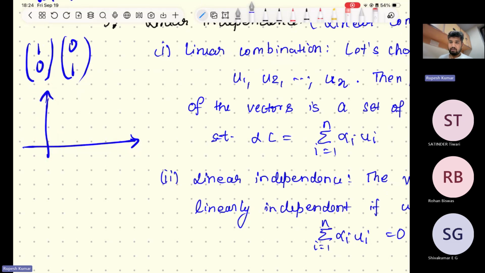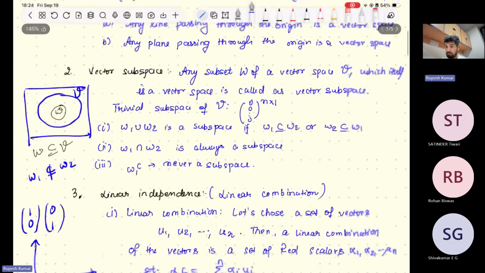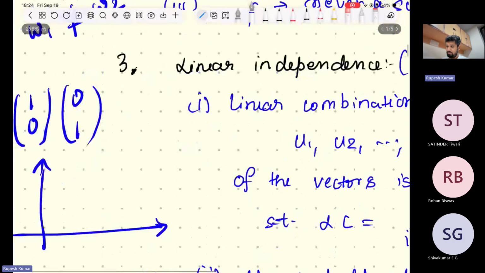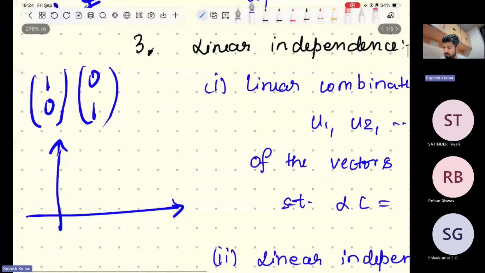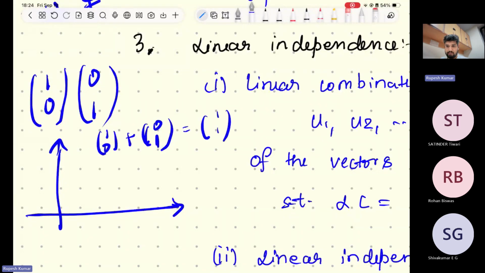Now, what I'm doing is taking a vector sum. A vector sum is defined for any subspace, any vector space, so I can do the vector sum. Let's say I am doing the vector sum (1, 0) plus (0, 1). This is essentially (1, 1).